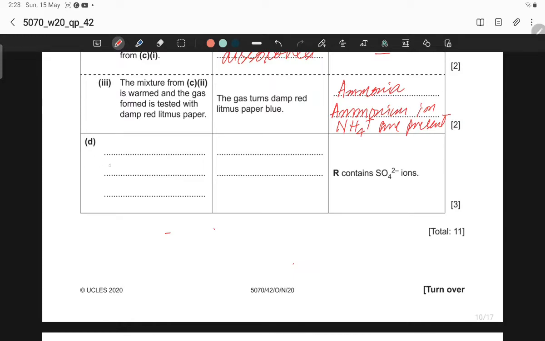The aqueous solution contains sulfate ions. Acidify the salt with dilute nitric acid, and then add barium nitrate.